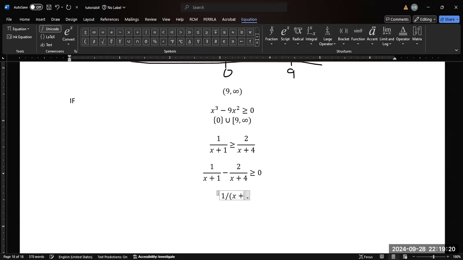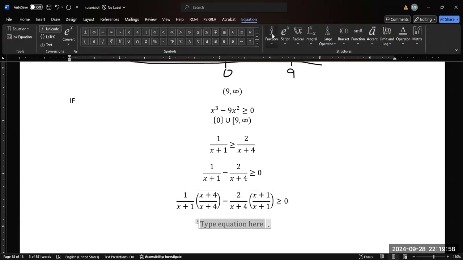So we're going to put everything on one side, and now we're going to multiply x plus 4 over x plus 4 to get our common denominator. And then on this side, we're going to multiply by x plus 1 over x plus 1 greater than or equal to 0.